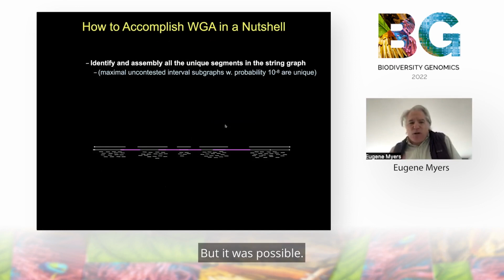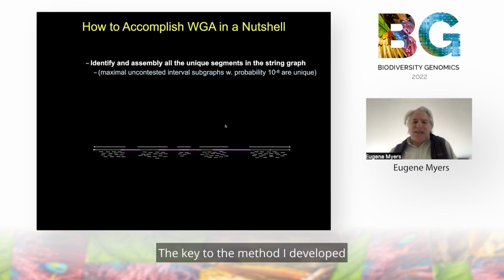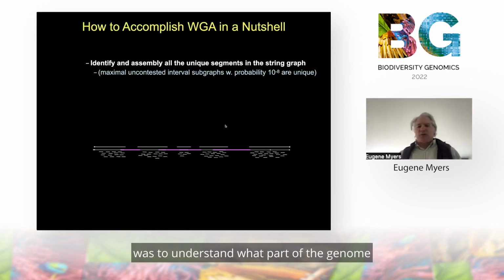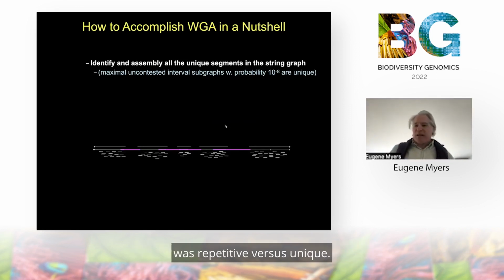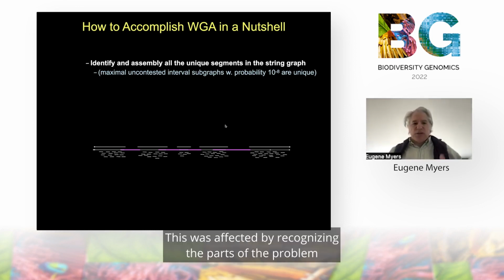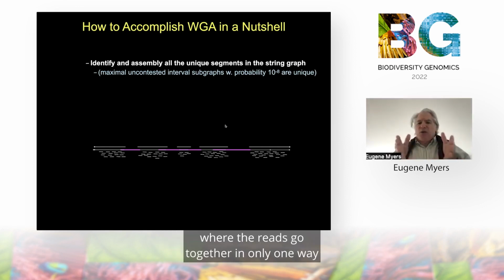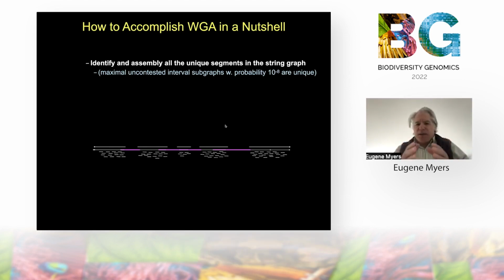But it was possible. The key to the method I developed was to understand what part of the genome was repetitive versus unique. This was effected by recognizing the parts of the problem where the reads go together in only one way and have the coverage signature of unique DNA.